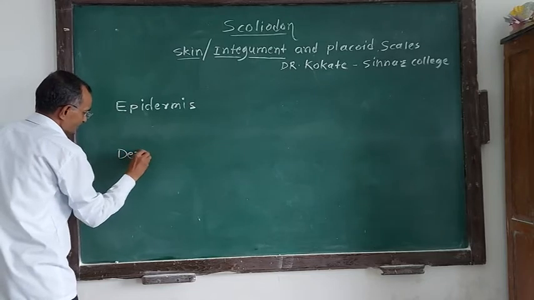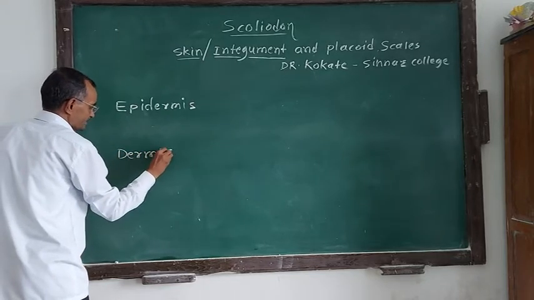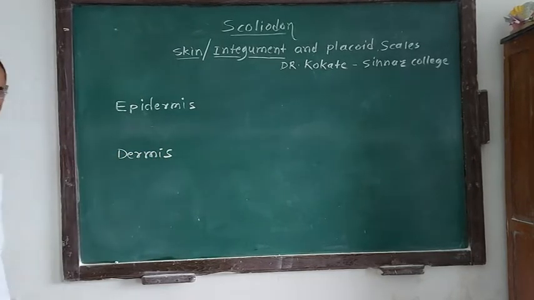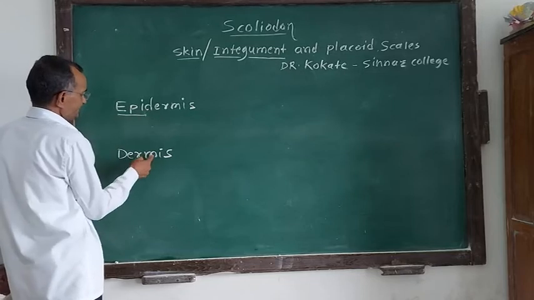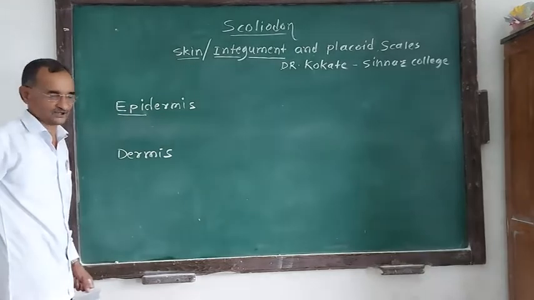These are the two main layers of the skin among chordates. Here the epidermis is labeled; epi means above. It is present above the dermis, so it is called epidermis.